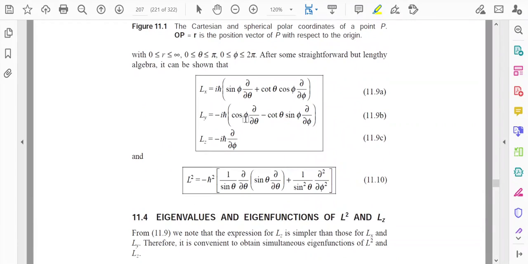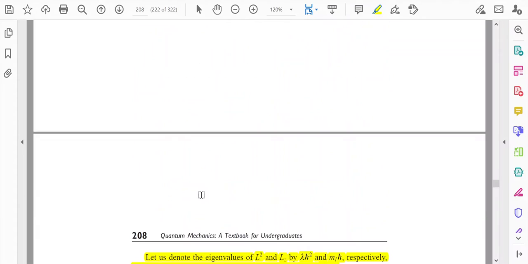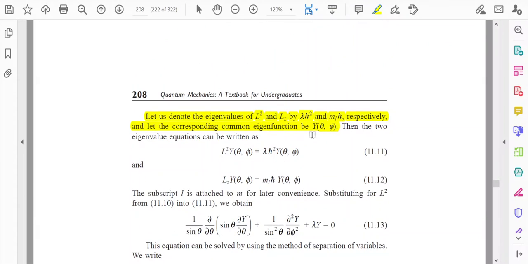Because the forms of Lz and L square depend on theta and phi. So the common eigenfunction is Y(theta, phi). So we can write L square Y is equal to lambda h cut square Y, and Lz Y is equal to ml h cut Y. And here we have given a subscript L for m, that will be clear later.